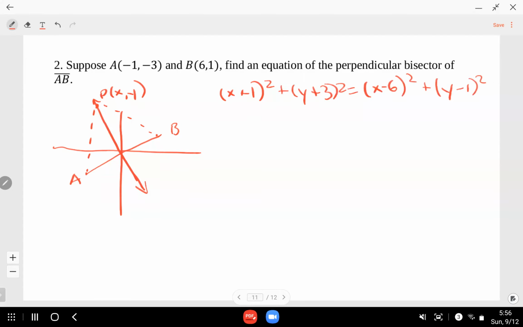So, simplify this. Okay, x squared plus 2x plus 1 plus y squared plus 6y plus 9 equals x squared minus 12x plus 36, right? Plus y squared minus 2y plus 1. Kind of ran out of space there, but once you get rid of everything, you can cancel out.